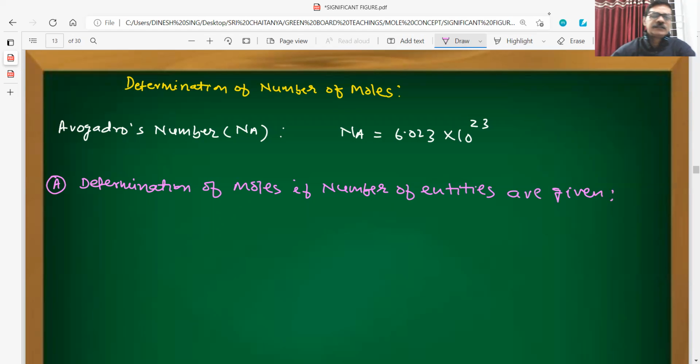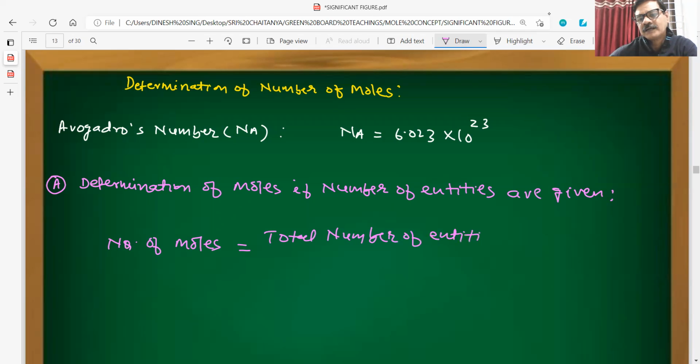So here the number of moles will become equal to the total number of entities, divided by Avogadro number.